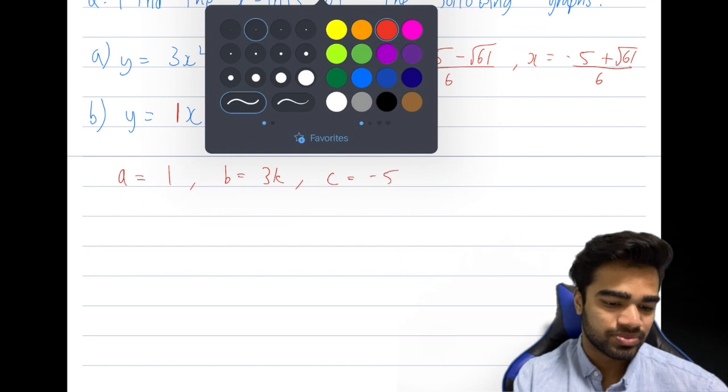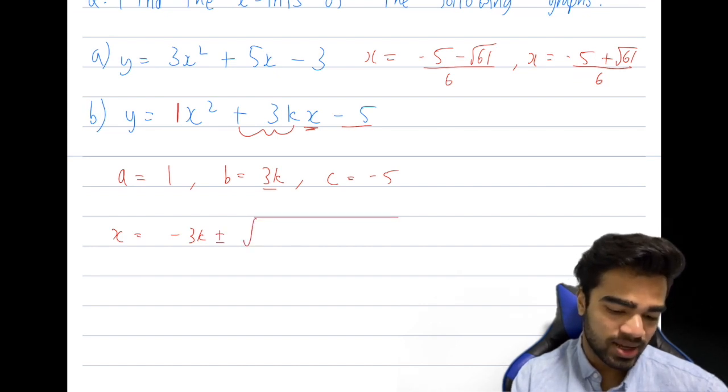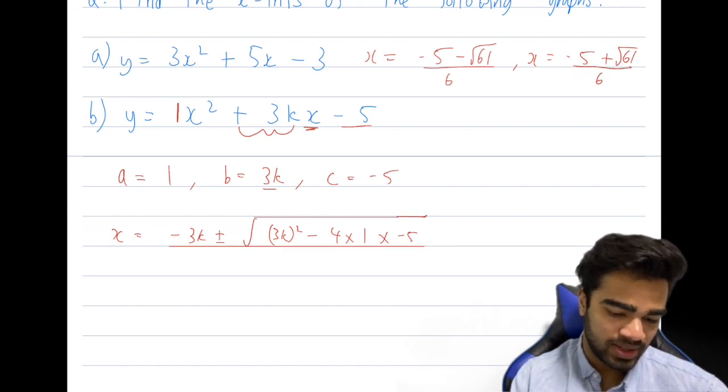From here, we just need to put it into our quadratic formula. So you have x equals negative b, so negative 3k, plus or minus square root of b squared. So b squared is 3k whole thing squared, minus 4 times a, which is 1, times c, which is negative 5. All that divided by 2 times a, so 2 times 1.